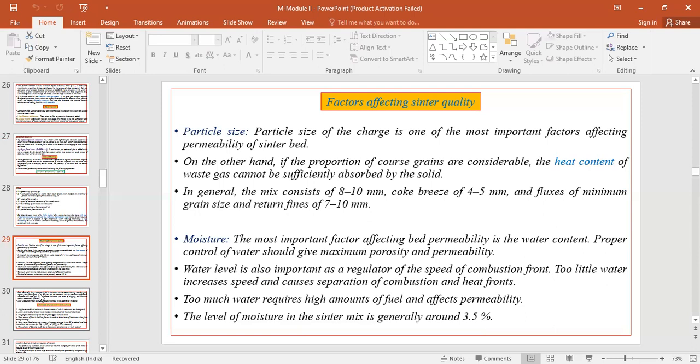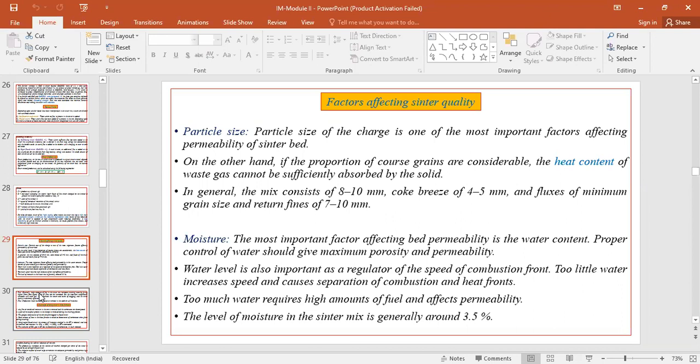And the moisture, the amount of moisture present in the sinter bed, is also very important, because if the moisture content is very high, then the heat requirements will be more. So then the fuel rates will be increased. And there is a possibility that sintering cannot take place effectively because proper phase formations may not take place.